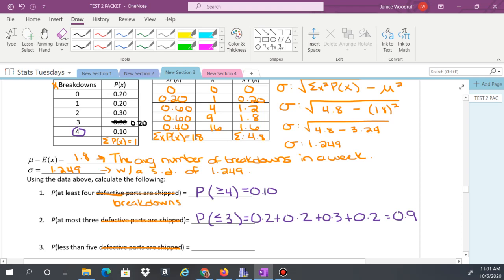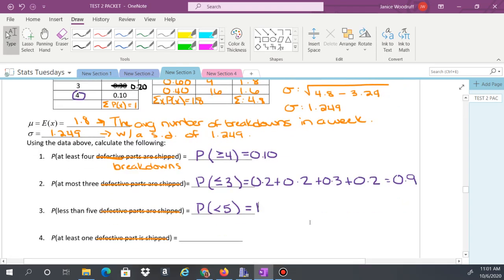Okay, probability of less than 5 breakdowns. Well, all of these values are less than 5, so that's going to be 1. There's always going to be less than 5 breakdowns there. And then the probability of at least 1 breakdown would be the probability that it is greater than or equal to 1.